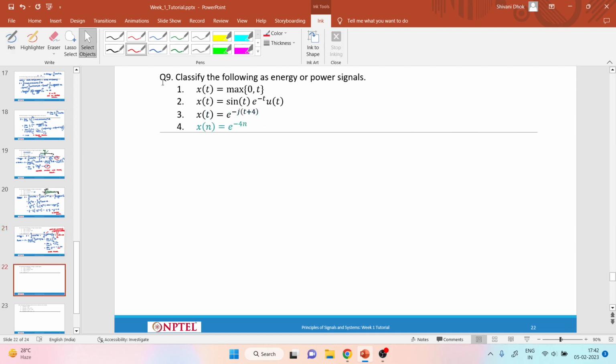Now let us look at this question here, that is the fourth one, that is x of n is equal to e power minus 4n, and this is a discrete time signal.